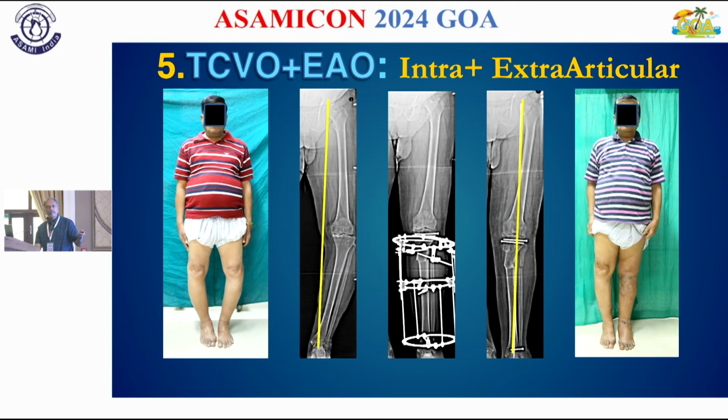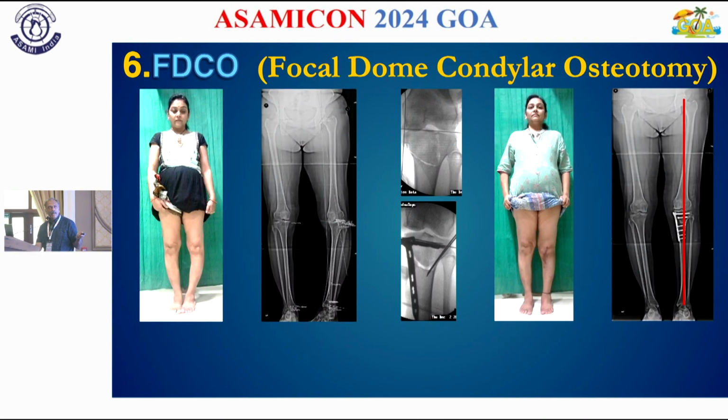And then for the really large deformities in which there is an intra and an extra-articular component, we are going to correct both the intra and the extra-articular. And nothing but the Ilizarov fixator can help us do this very elegantly. In men, it's okay, but sometimes in women with these large deformities, with both components, it doesn't work. So this is just for your reference. We won't be describing it today.